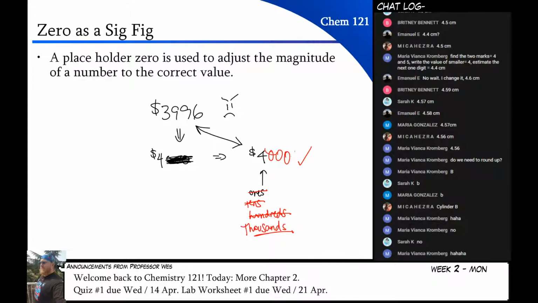Now, if these zeros are included in a measurement, these are not sig figs, because you don't actually know their value. If I rounded to $4,000 and said this is about how much I owed somebody, depending on where you rounded to, you could get 4,000 multiple ways.